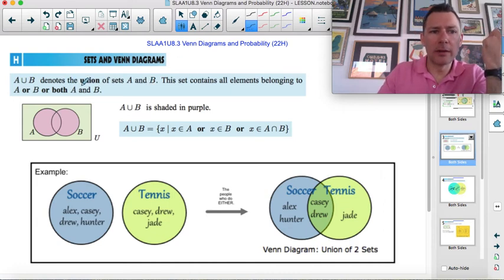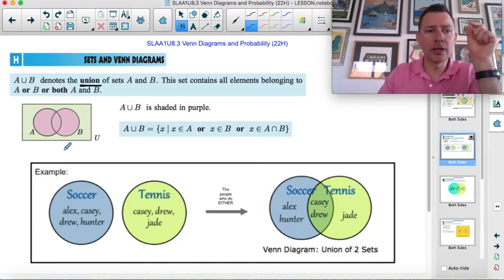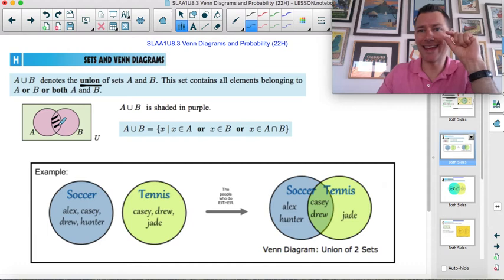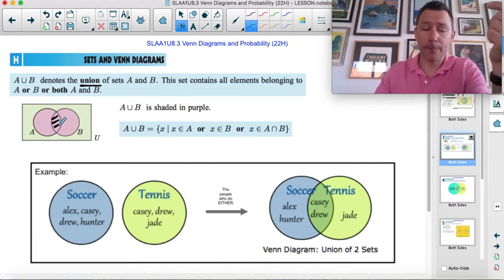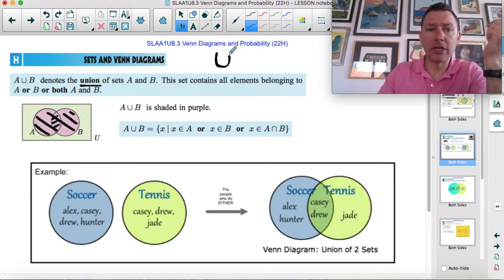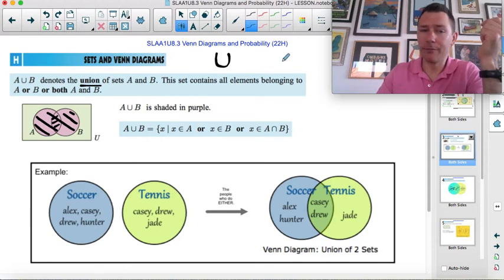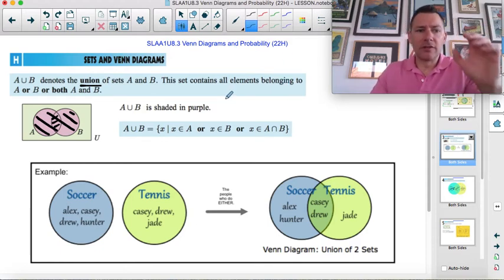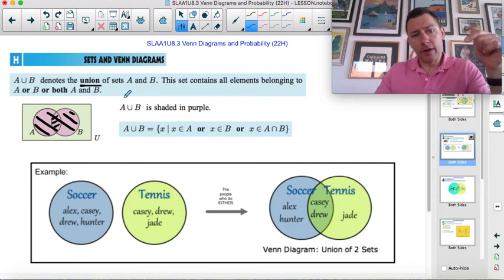So the nitty-gritty comes in when we go into the union, and the union is both things. It's not just the intersection. It's not and, it's or. So it's all of this, right? That's the union, and we denote that with a big U for union. So it needs to be anything in one or the other or both.